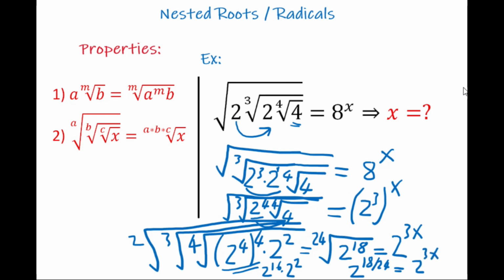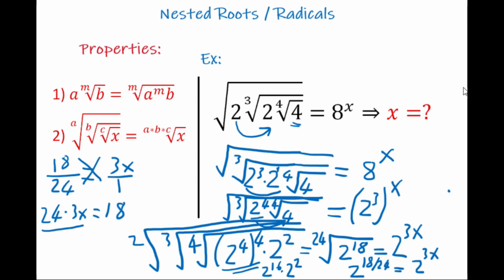And we all know that in such conditions, if the bases are same, then the exponents should be same as well. Continuing to the left side, from here, 18 divided by 24 should be equal to 3x. Here we have 1 in the denominator. If you apply the cross product, we're going to have 24 times 3x, which is 1 times 18, which is 18.